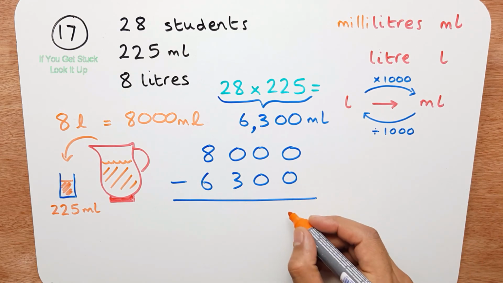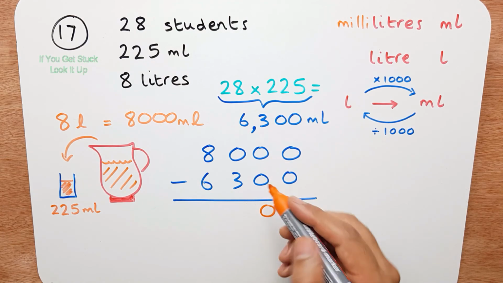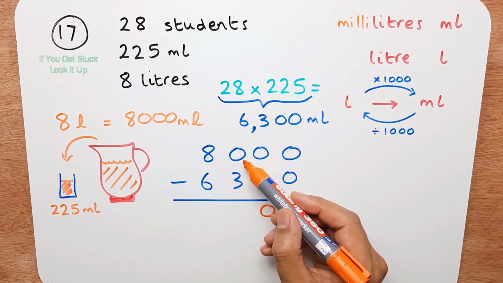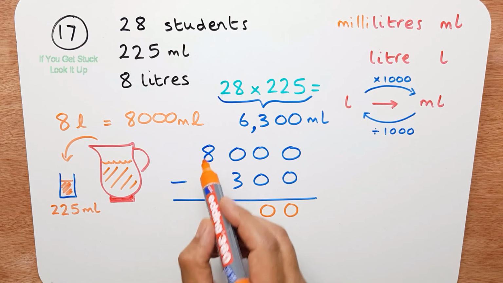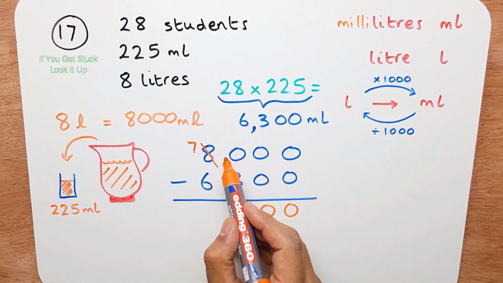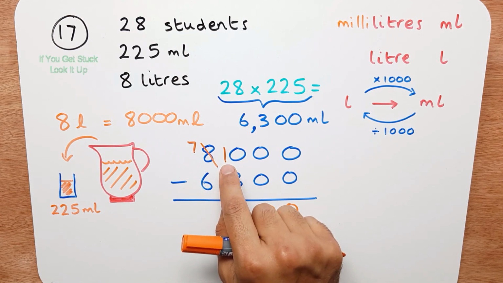0 take away 0 is 0. 0 take away 0 is 0. 0 take away 3. We've not got enough. So what we have to do is go to the neighbour and borrow 1. So we cross this 8 out and it becomes 7. And the one we've borrowed turns this 0 into 10. So now this is 10.